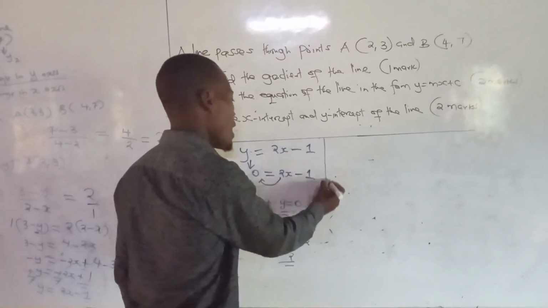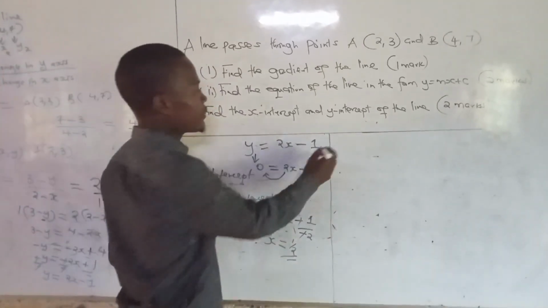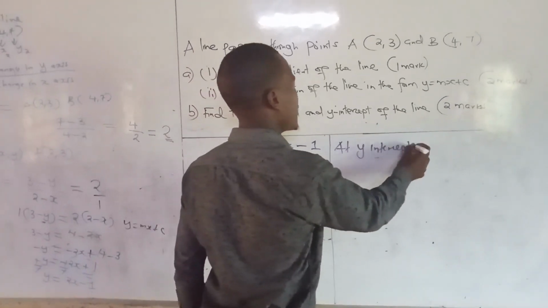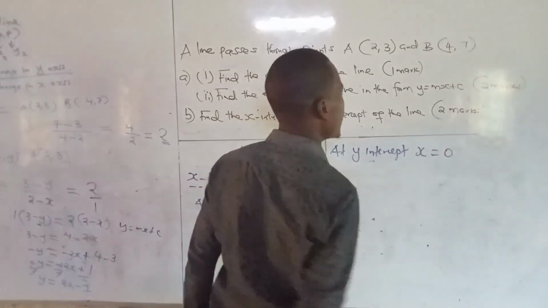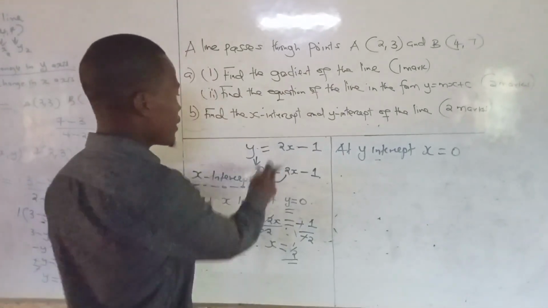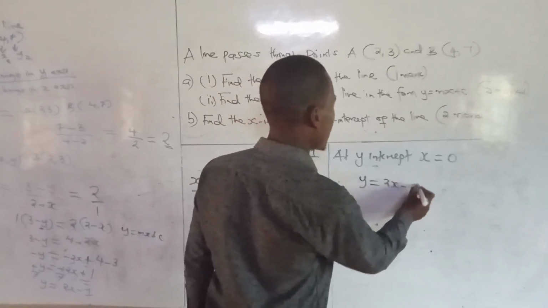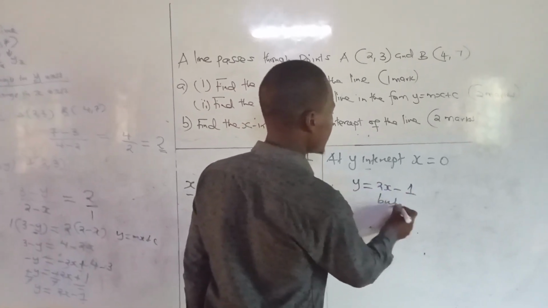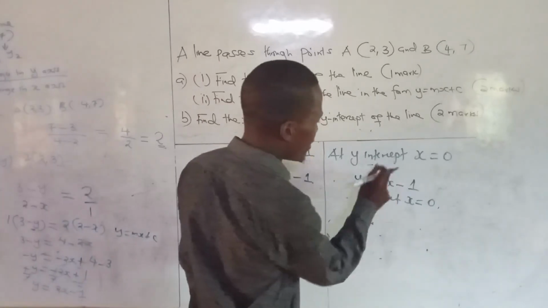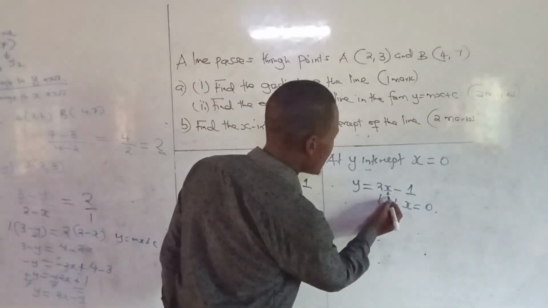Let's move to the y-intercept. Y-intercept again. At the y-intercept, x is equal to 0. Just the vice versa of what we've done here, we do it to the other side. So our equation here is y is equal to 2x minus 1, but x now is what? 0. So that means that where there is x, we substitute with a 0.